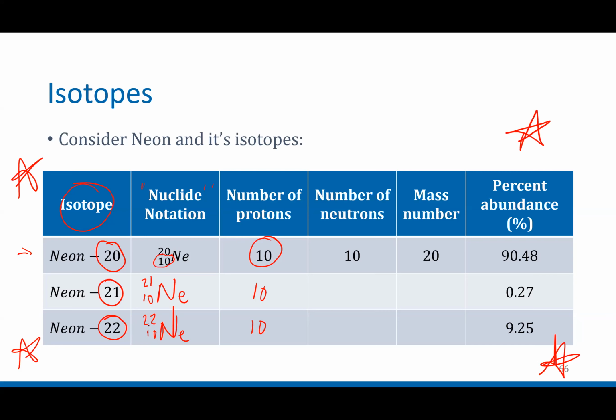Okay, so let's finish this table. Neutrons, remember, is your mass number minus your number of protons, or your mass number minus your atomic number. So it's pretty easy. Here, it would be 21 minus 10, which is 11.